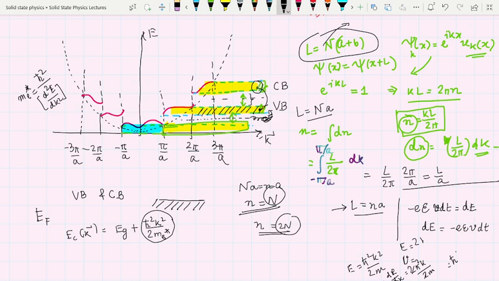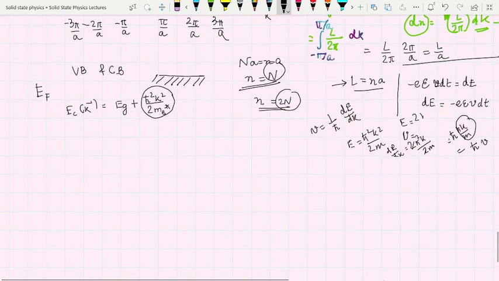What does it mean? It means simply velocity, v. So v is nothing but (1/ħ) dE/dk. Okay, so we can get acceleration out of this.